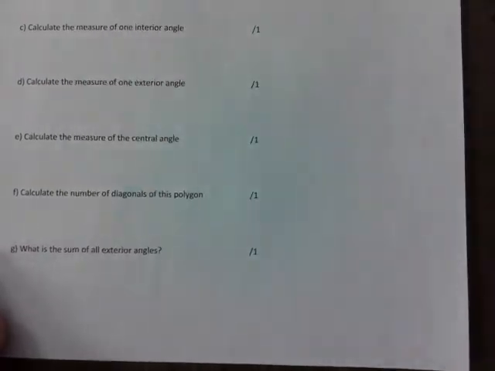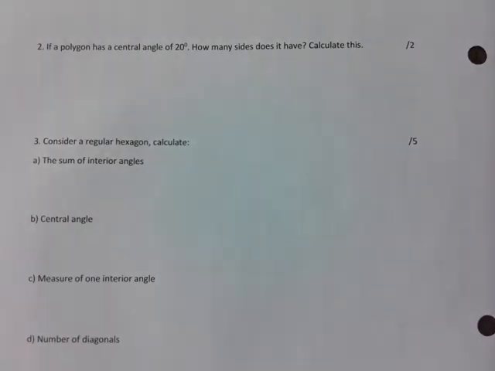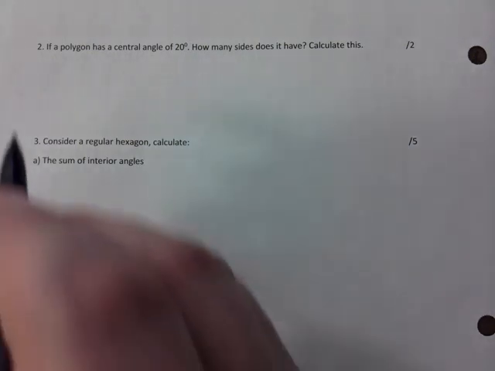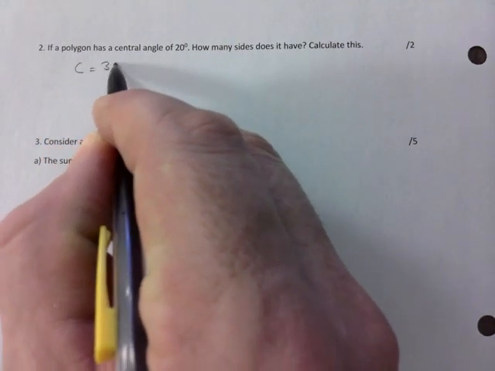And then we'll go to the back side. It's going to be part of our lesson as well. If a polygon has a central angle of 20 degrees, how many sides does it have? Calculate this. So you have to show the work. Central angle, start with the formula.